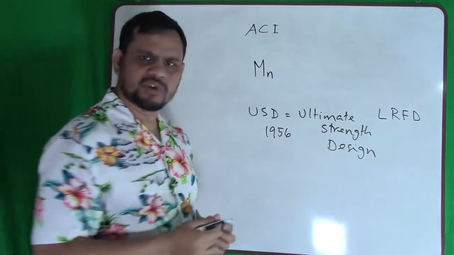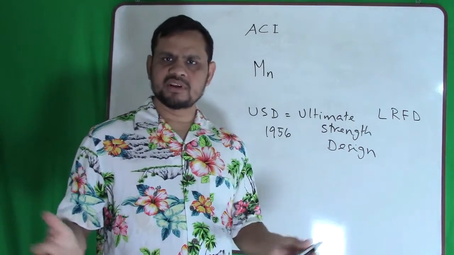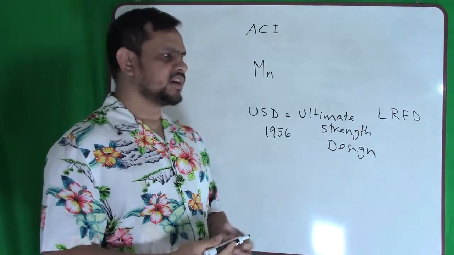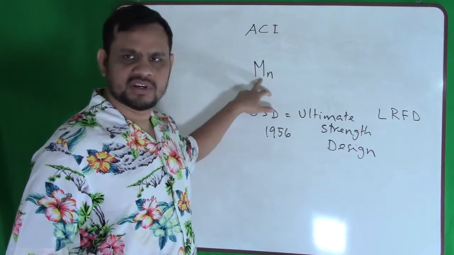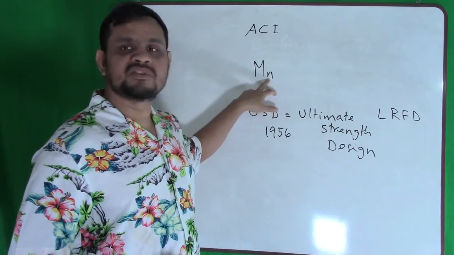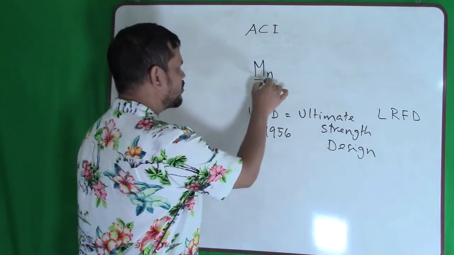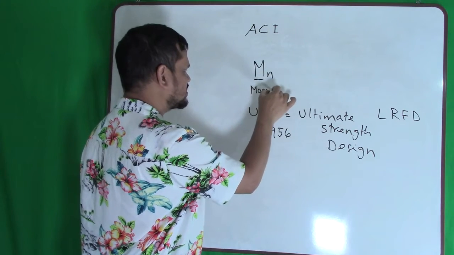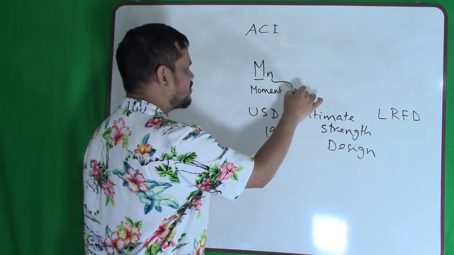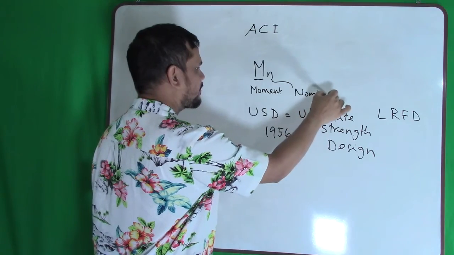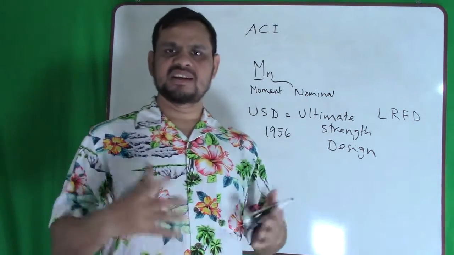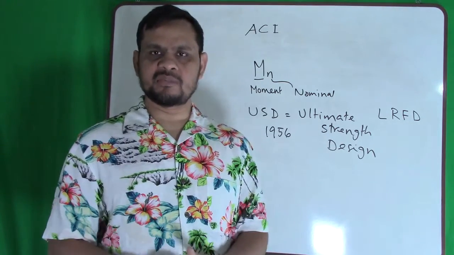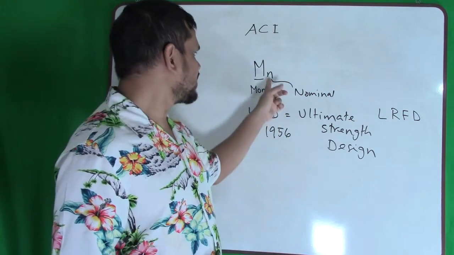Say I took a beam sample to a laboratory, tested it, and it failed at a certain moment. This is the moment, Mn, and this n means nominal. Nominal means theoretical or tested, whatever is actual in the laboratory.